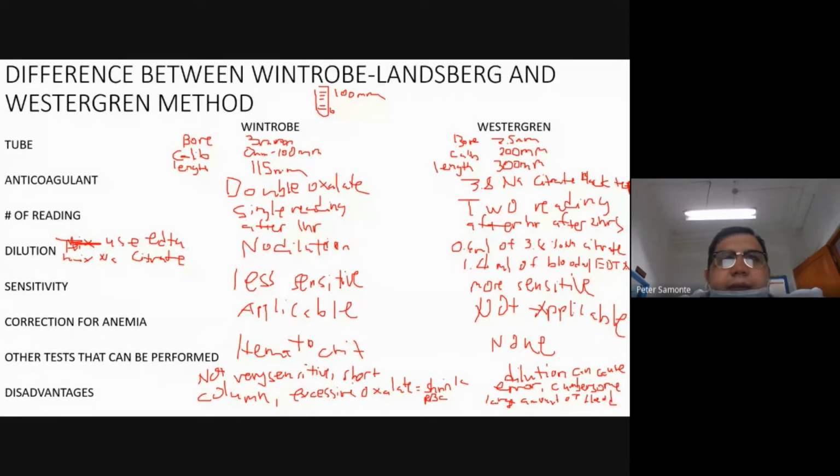So again, yung disadvantages ng Wintrobe nyo, not very sensitive, short yung column, excessive oxalate can lead to shrinking of your RBC. Well, for your Westergren, dilution can cause error, cumbersome, pag sinabing cumbersome, matrabaho, and it would require a large amount of blood.